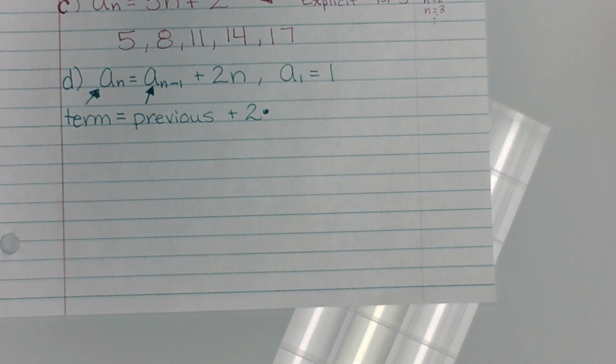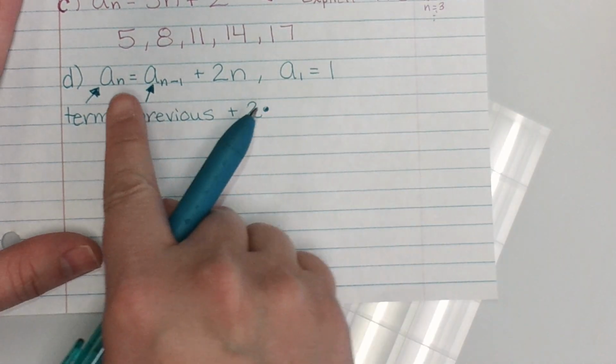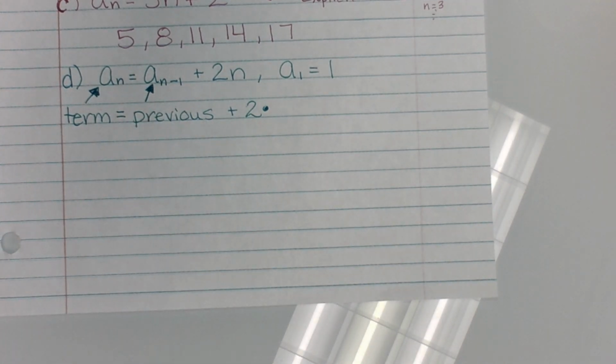Now you gotta be careful with this, because now we've got multiple subscripts. When there's multiple subscripts going on, it's not just a sub n. There's an a sub n, there's an a sub n minus 1, maybe there's an a sub n plus 1, maybe there's an a sub n minus 2. This one just has a sub n and a sub n minus 1.